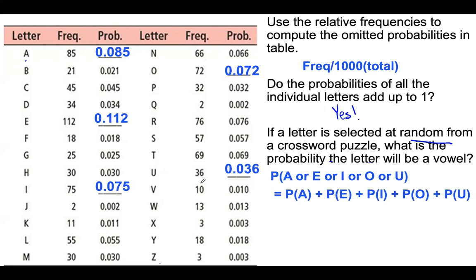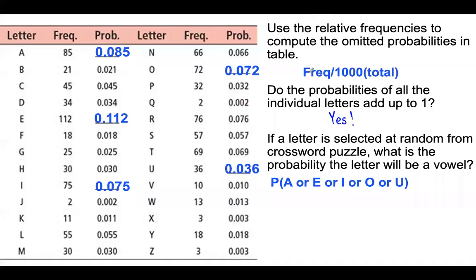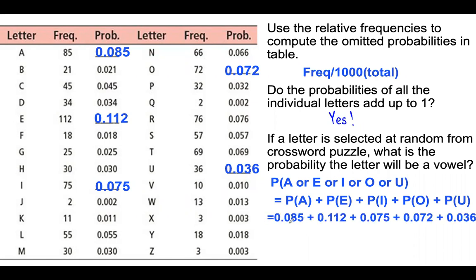So when we look at the probabilities of the vowels, we see that they're mutually exclusive. So we can write them this way, and we just add up those probabilities, and we get 0.38, which is 38% that you would get a vowel if you select at random from a crossword puzzle list.